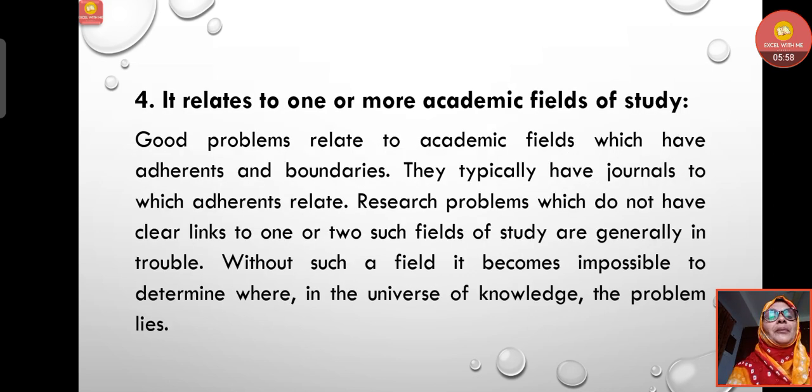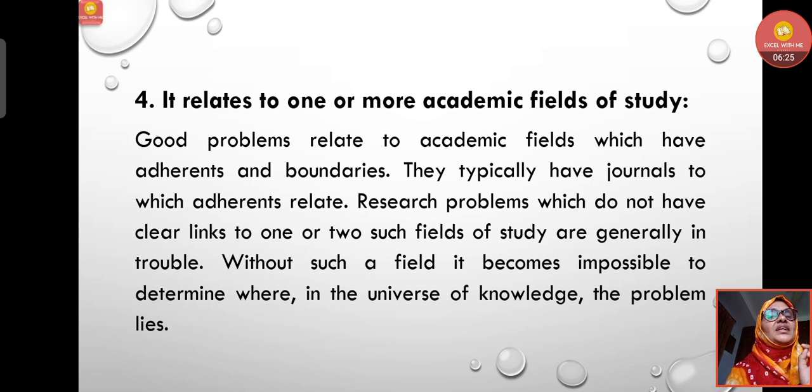The fourth one, it relates to one or more academic fields of study. So, good problems relate to academic fields which have adherents and boundaries. They typically have journals to which adherents relate. So, research problems which do not have clear links to one or two such fields of study are generally in trouble.